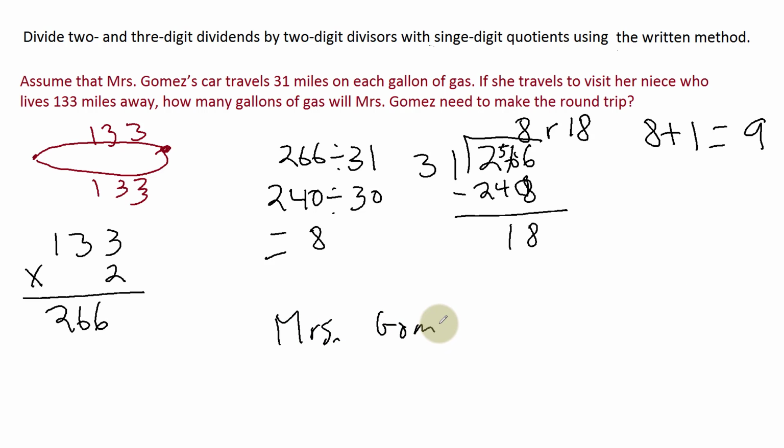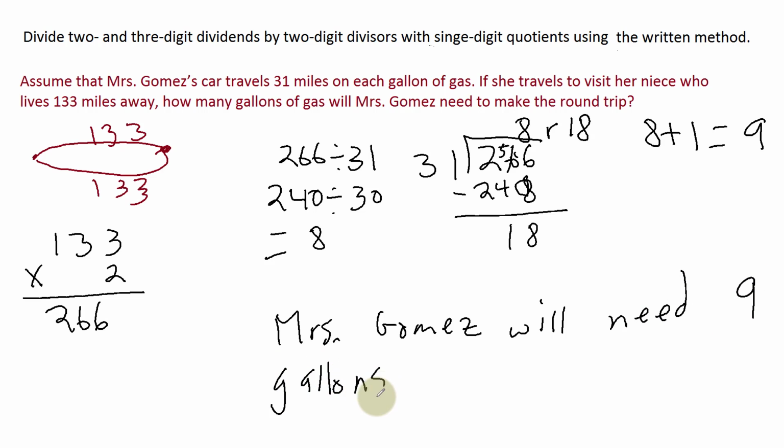Mrs. Gomez will need 9 gallons of gasoline. And of course, we'll do check by multiplying, and we'll find out that it equals 266.